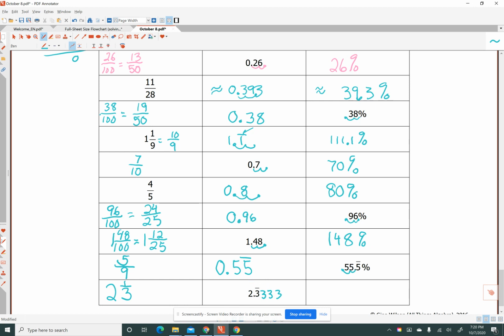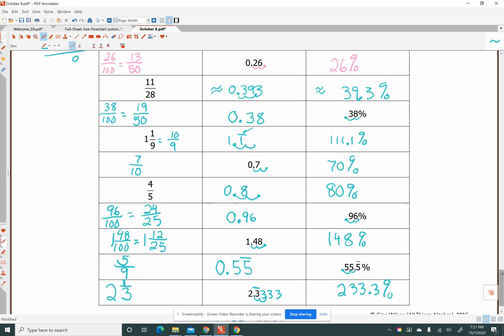See, 2 3/10 would be different, but this is a repeater because it has this bar. It's not 3/10, it's 0.3333. So first of all, we multiply by 100, and we have 233.3%. I could add another 3 there if I want. That 3 just keeps going on and on and on. That's why it is 2 1/3 as a fraction.